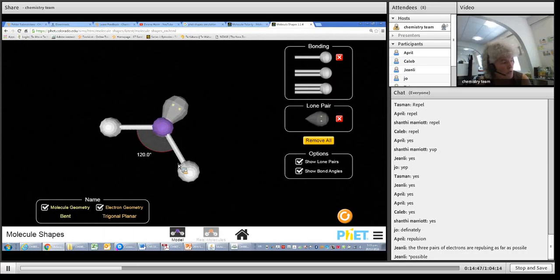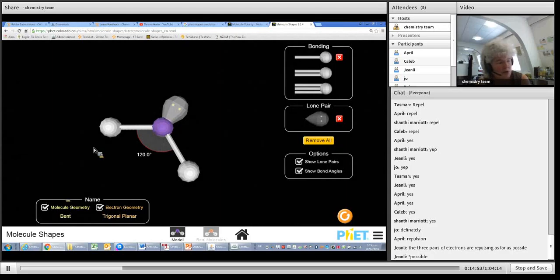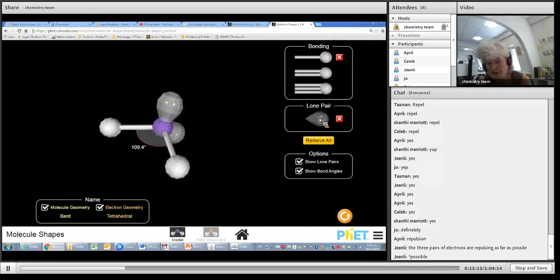But we call the molecule bent, because those 2 bonds are not directly opposite each other, 180 degrees, they have been pushed closer together because of that non-bonding pair of electrons, or that third region of negative charge. So notice this is bent, and if I add another lone pair, notice the molecular geometry is still bent.